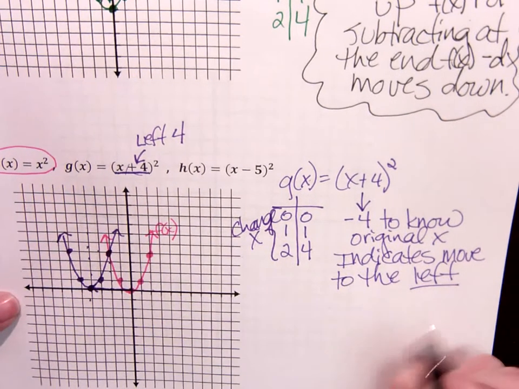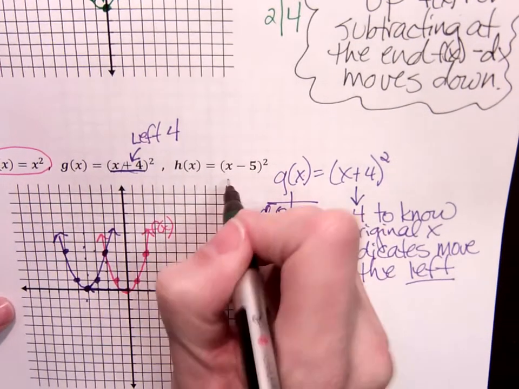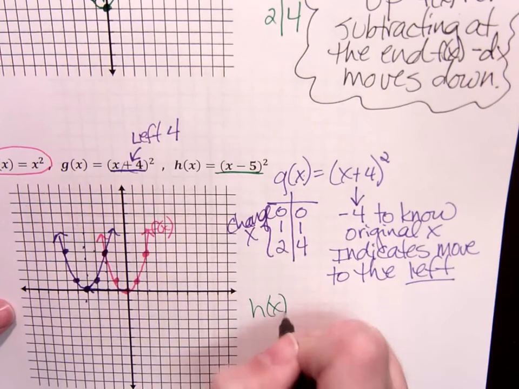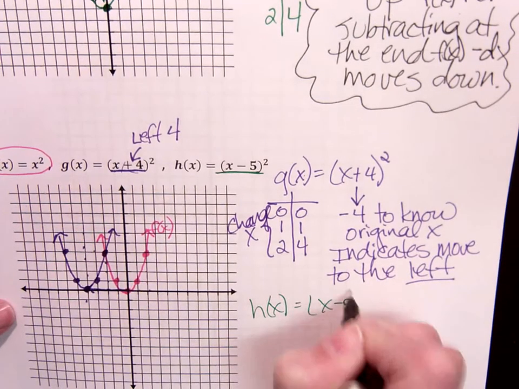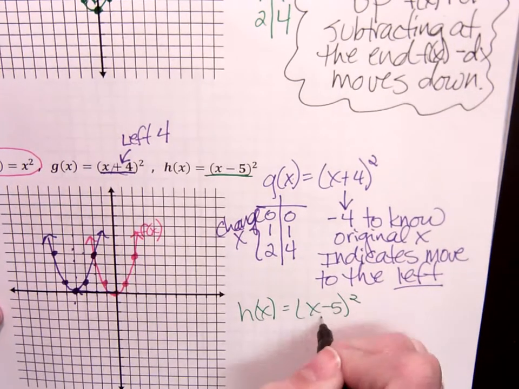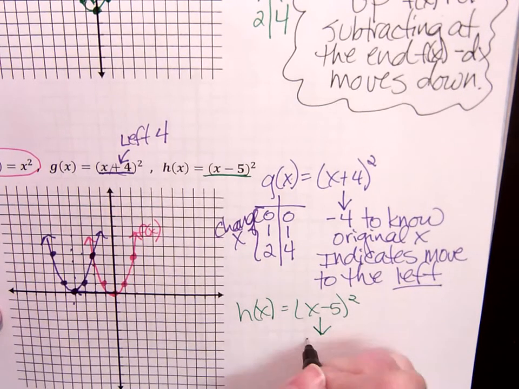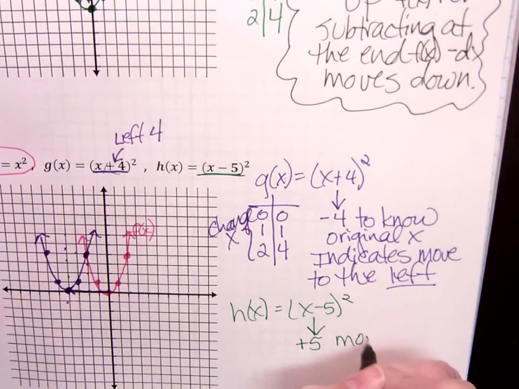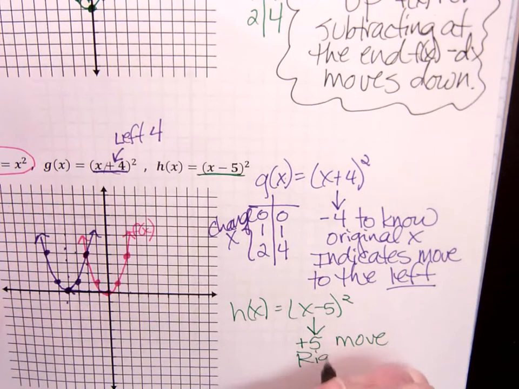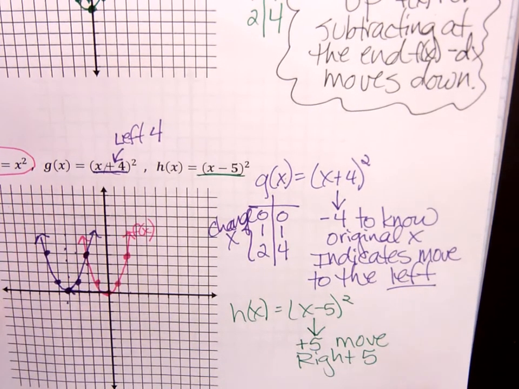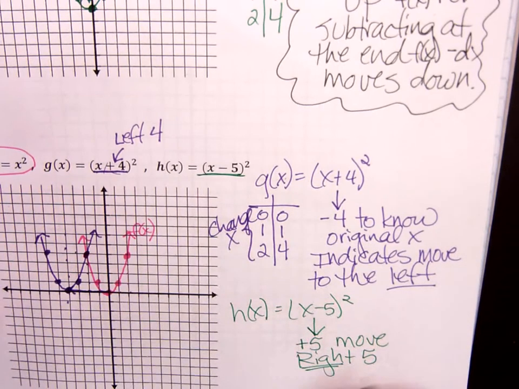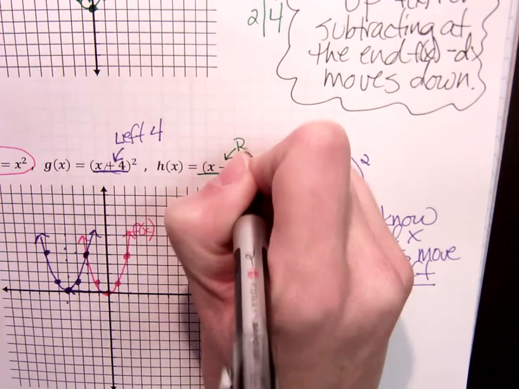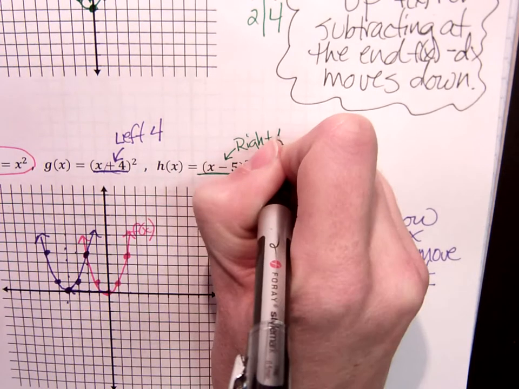Okay. And h of x, there's our minus 5, but it's inside, which tells us we need to add 5. So we're moving right 5. So the minus in here, right 5.